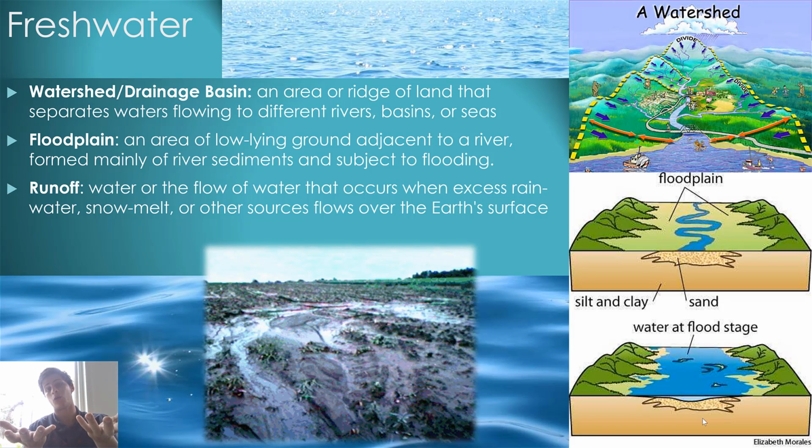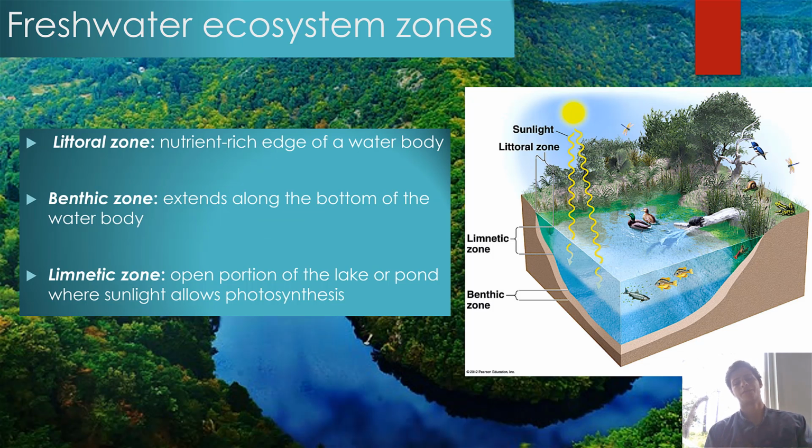Then as the rainfall begins to die off, and there aren't as many heavy water inputs into a floodplain, the river naturally dies back down to its typical level. And finally, a term that you really need to know is runoff. Runoff is just water that is flowing along the surface as a result of excess rainfall, snowmelt, or other precipitation sources.